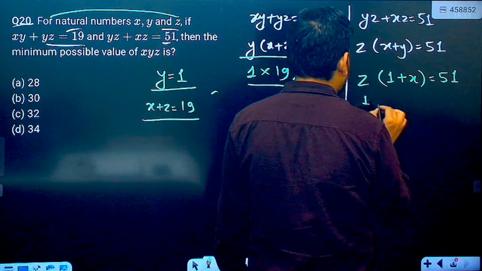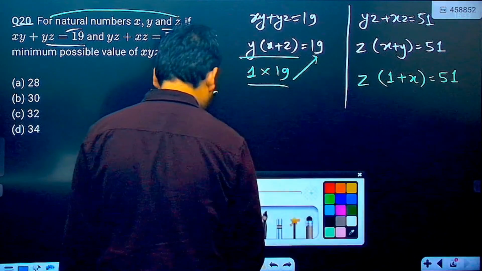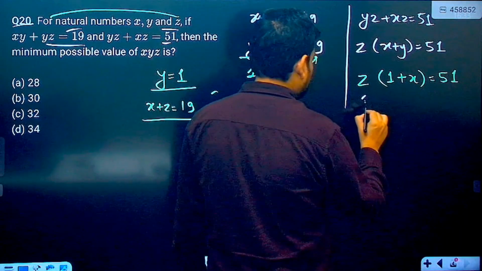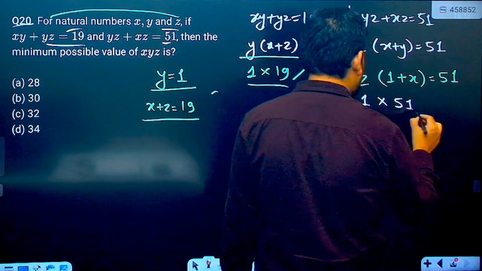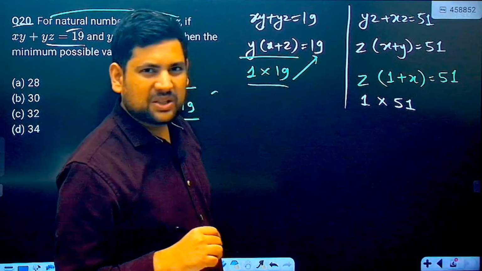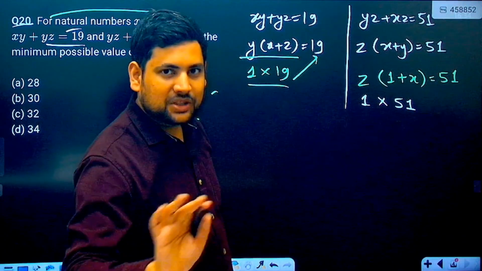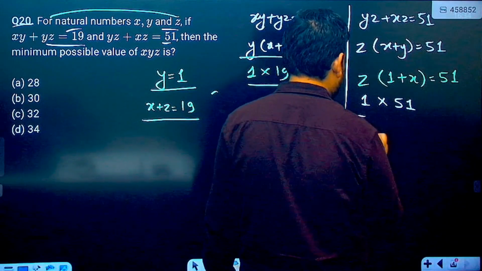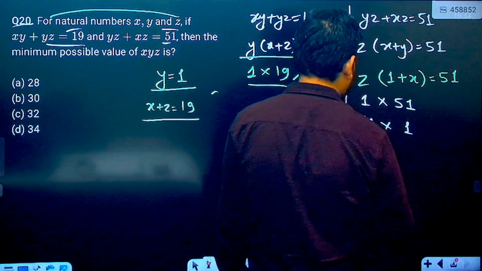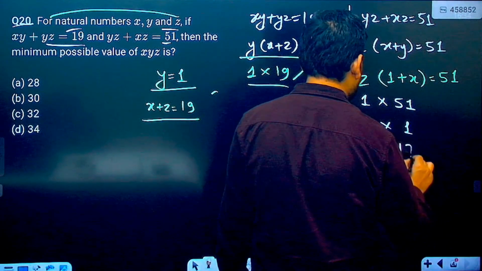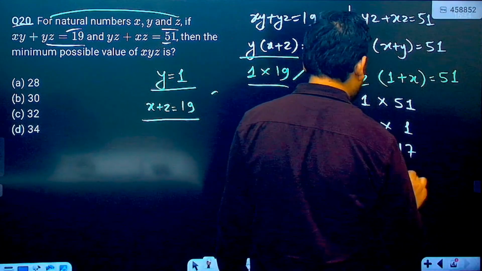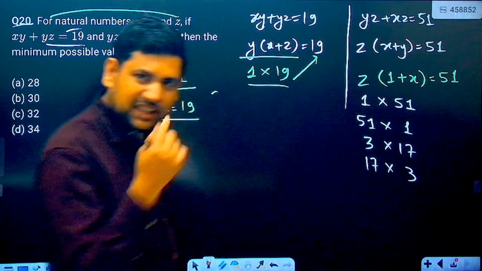So let's say first possibility is 1 into 51. Now, is this possible? Let me write all possibilities and then we'll see. Okay, so now 51 into 1, then 3 into 17, then 17 into 3. These are all the possibilities.